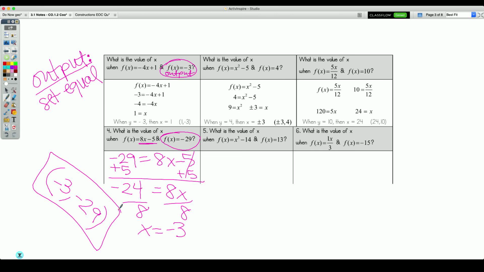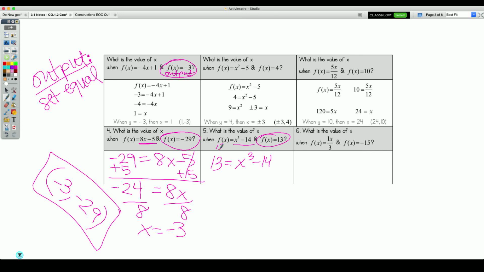Okay, they give you the y value. So what's my y value, or what's my output value? Good. So I take whatever they give me, the output value, and I set it equal to the equation. So we're really just replacing f of x with 13. That's just taking its place. Okay, so that's just our setup.